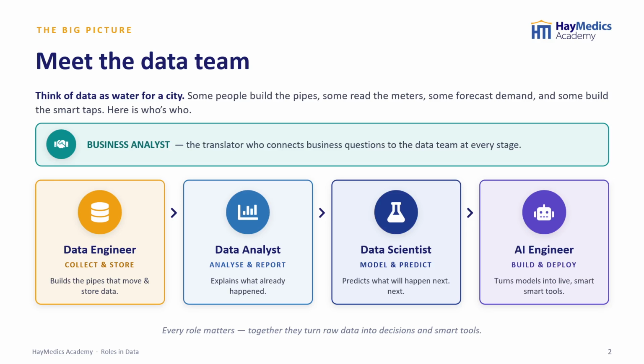As you know, we are now in the modern age, so there is widespread use of electronic medical records, where for every encounter a physician or a surgeon or any of the healthcare team has with the patient, it's automatically recorded in a database somewhere. So the data engineer is there to always ensure our databases are analysis ready. They collect and store, and as well they build the pipes. So from this analogy of data as water for a city, the data engineer builds the pipes that move and store the data.